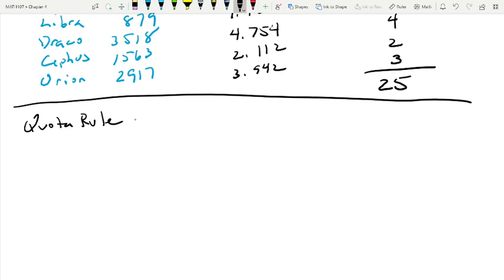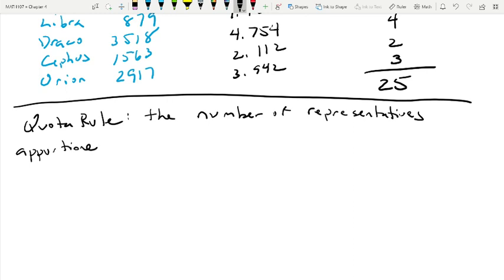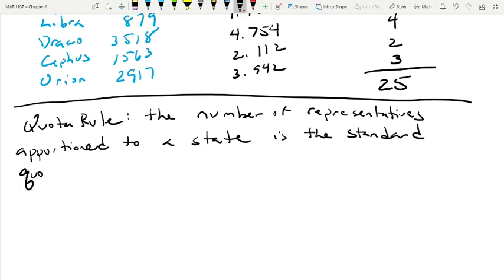The number of representatives apportioned to a state is the standard quota or one more than the standard quota.